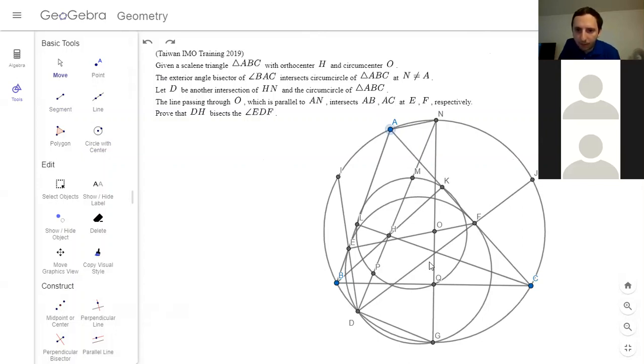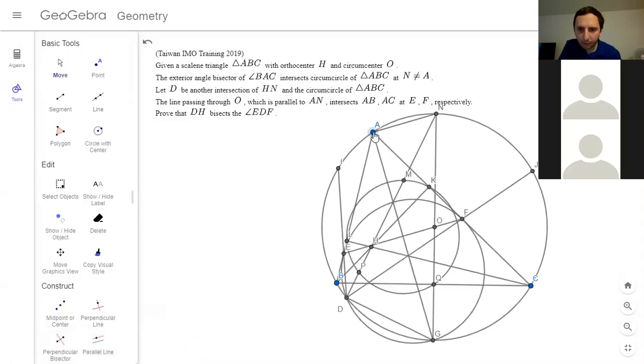I think we're close on this. So AG is obviously an angle bisector. Oh, maybe this point we could use right here.